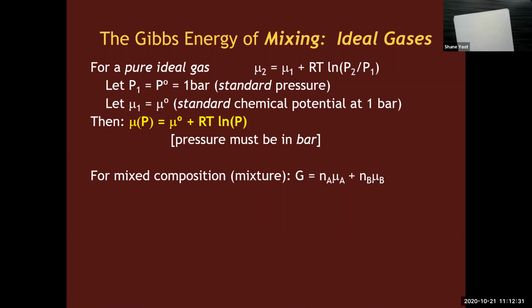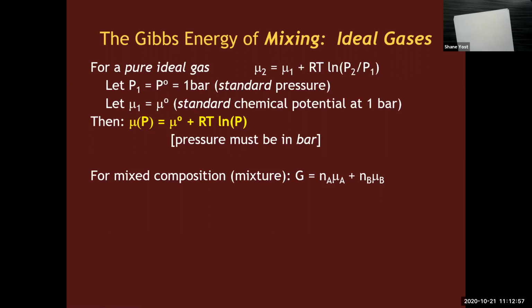If I want to look at a mixture of two species, we know from our discussion last time that the total Gibbs energy of a mixture of two compounds is equal to the number of moles of a given species times its chemical potential, plus the number of moles of the other species times its chemical potential, and so on and so forth.